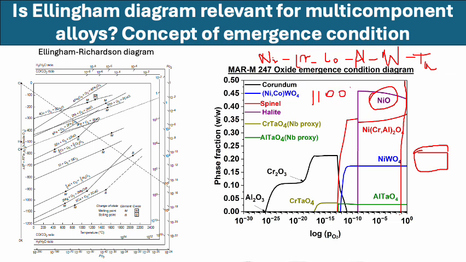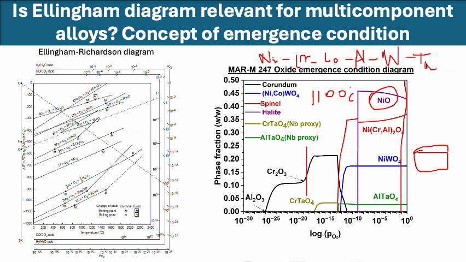We can also look at this diagram the other way: aluminum which is present in the alloy can oxidize to form aluminum oxide when I have an oxygen partial pressure of 10 power minus 25 to around 10 power minus 20.